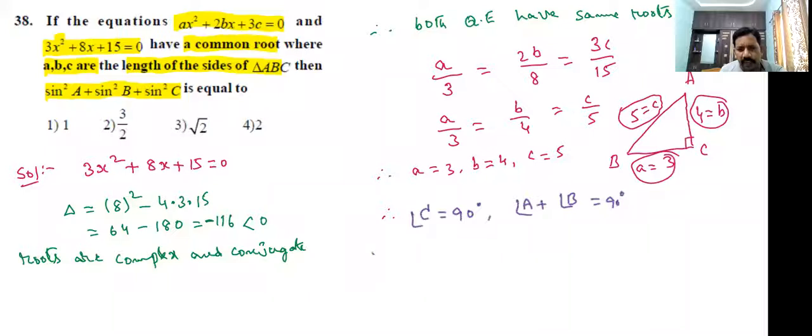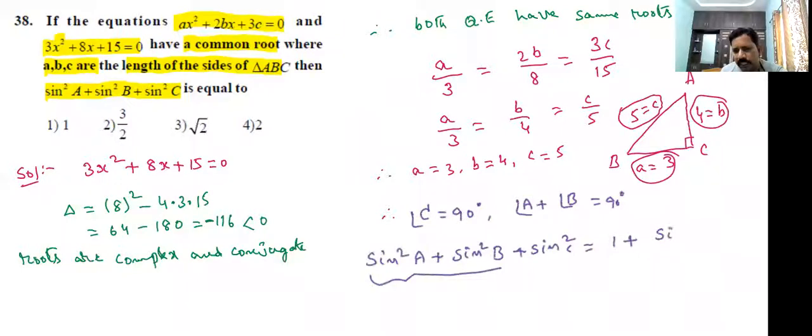But we need to find sine square A plus sine square B plus sine square C. A plus B is 90 degrees means sine square A plus sine square B value is 1, plus sine square C. C is 90 degrees, right here, sine square 90 degrees.